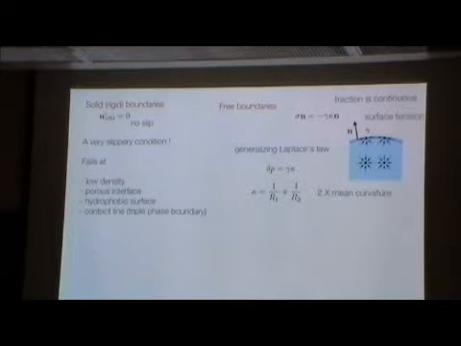I could have gradients, for example, of molecules, and I think we're going to hear a little bit about that from Michael, perhaps in the context of surfactants. And I could now have much more complex interactions, not just an isotropic part, but an anisotropic part. This curvature, in this one-dimensional case, is very simple. It's just the second derivative of the displacement. In the more general two-dimensional case, curvature is really twice the mean curvature.